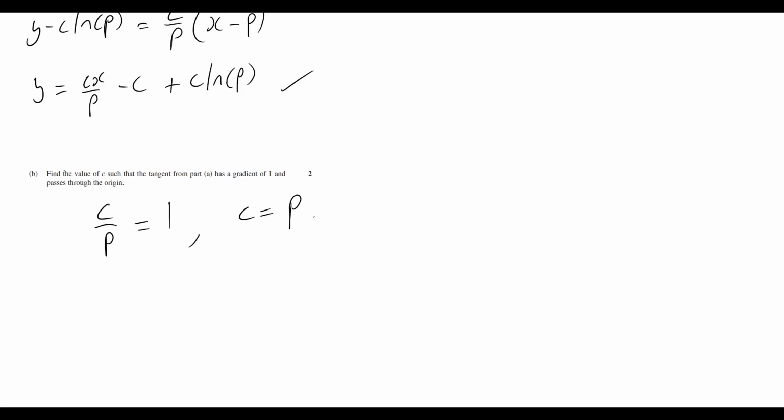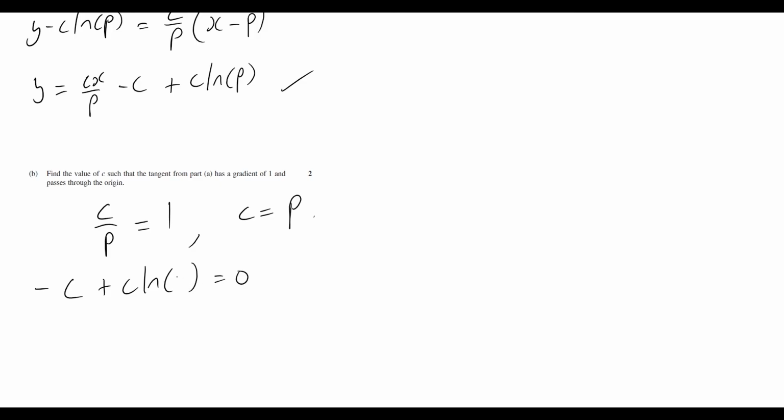So now again, working with that previous formula that we have, we can then find that minus c plus c ln of p is going to be equal to 0, since we know that it must pass through the origin. So now all we need to do is remember that p is equal to c, and then we can start solving this and see what we get.